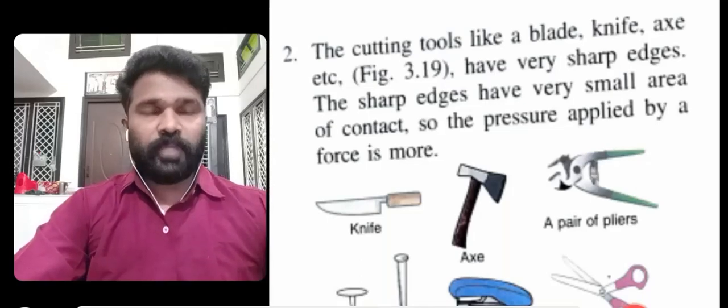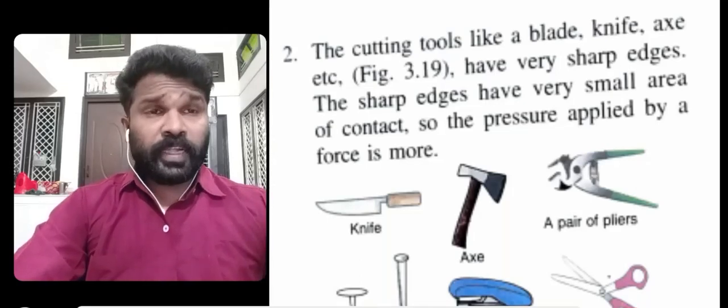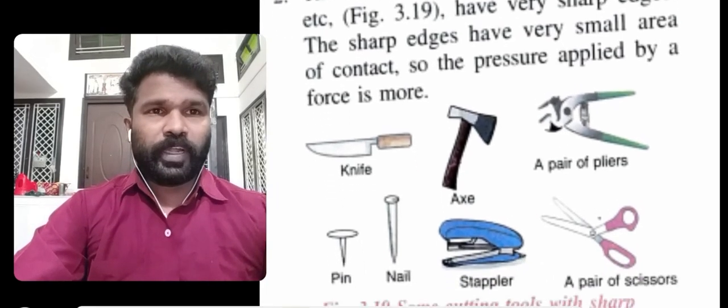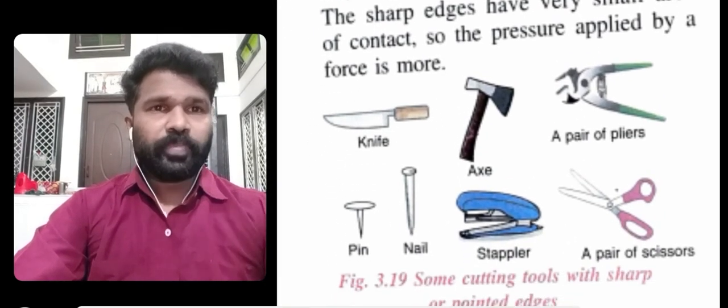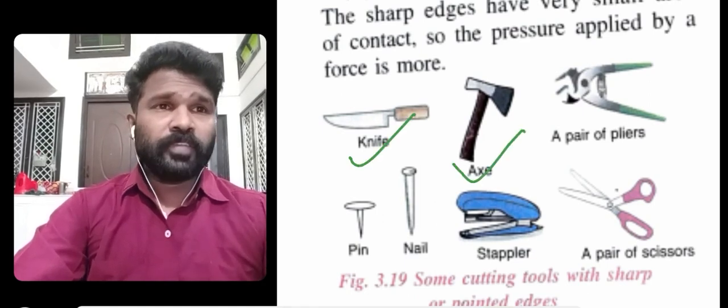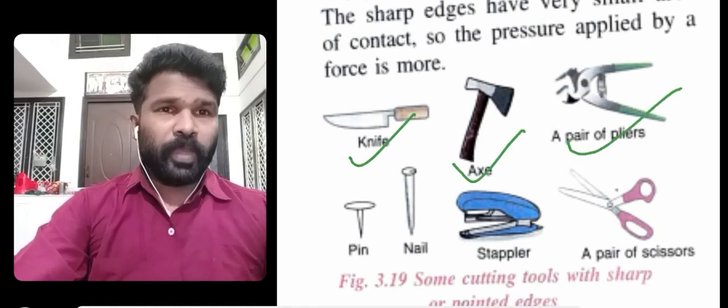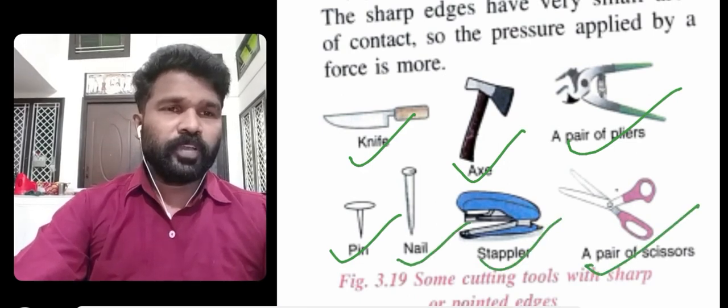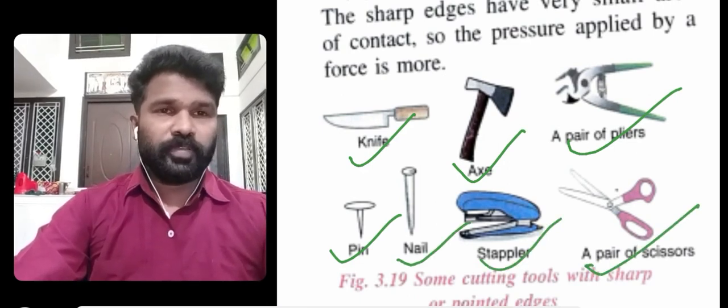Our second example is the cutting tools. You can see here a few cutting tools: knife, axe, a pair of pliers, pin, nail, stapler, a pair of scissors. Just observe these tools.